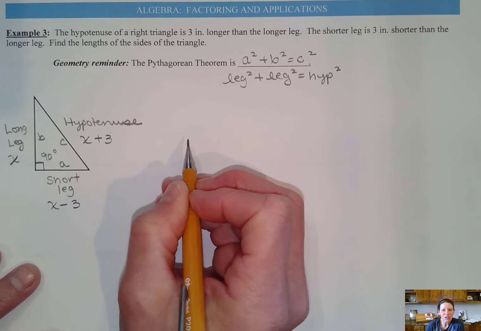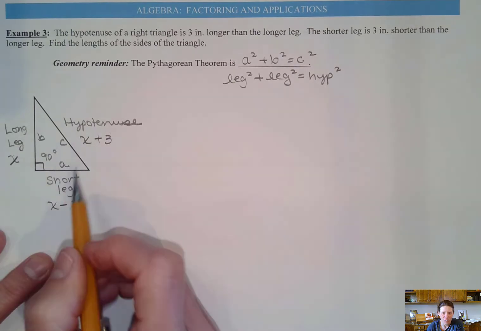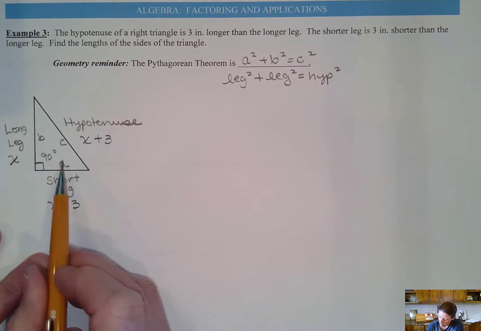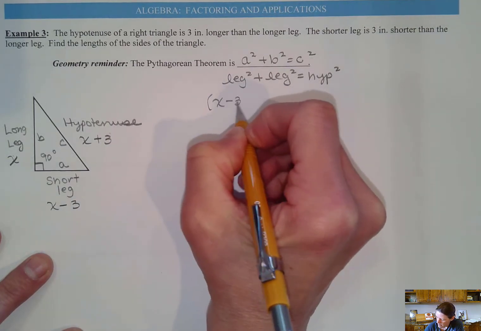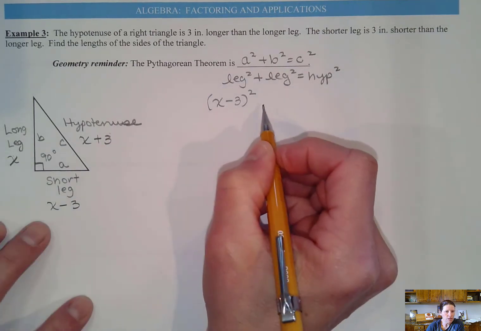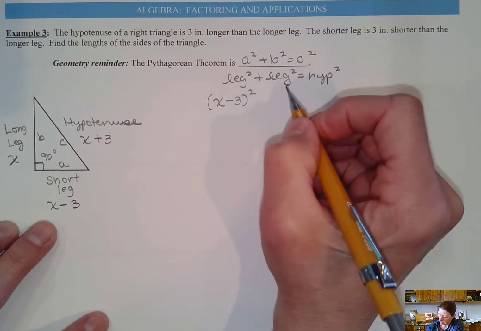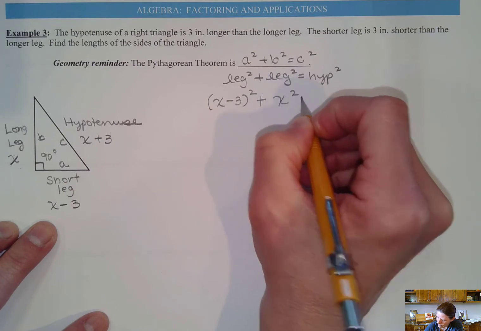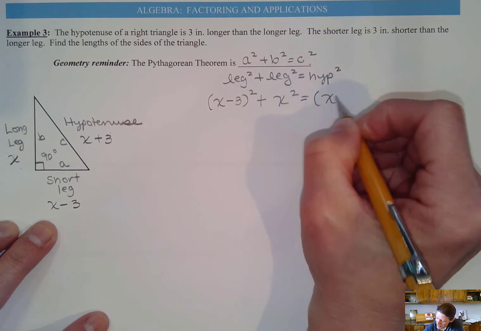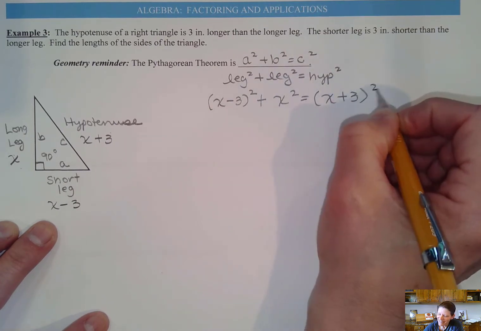And let's substitute our expressions that we have. I'm going to let the short leg be x minus 3, and let's substitute x for the long leg, and x plus 3 for the hypotenuse.